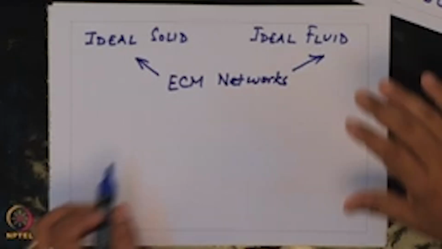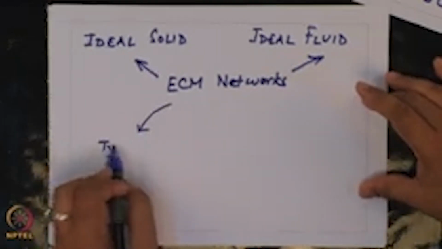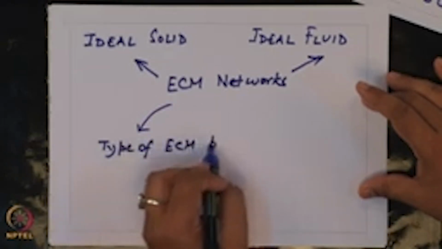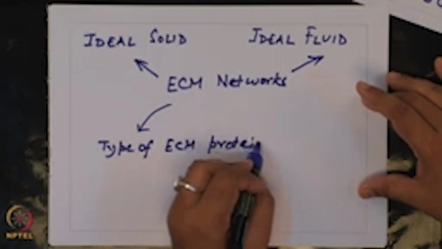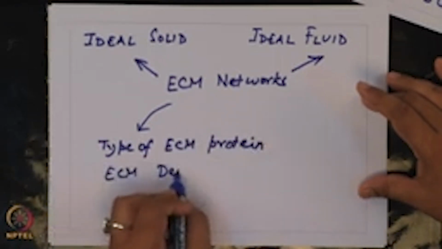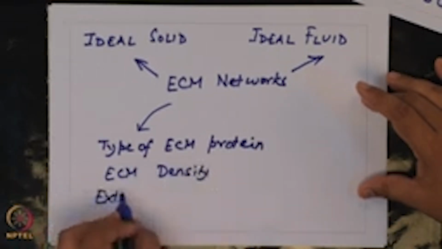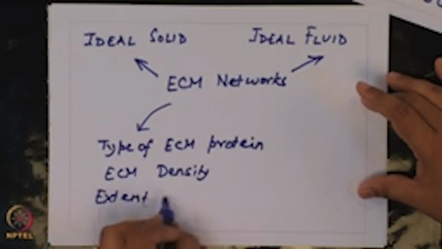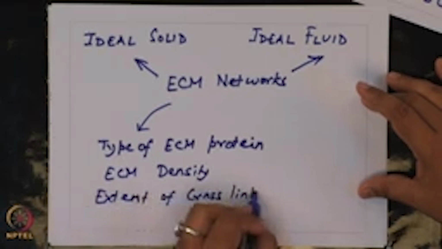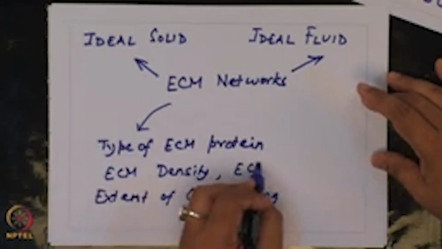It depends on various things, including the type of protein, ECM density, extent of cross linking, and ECM organization.